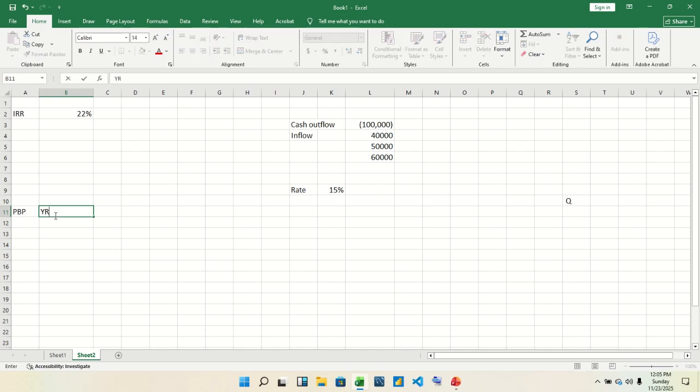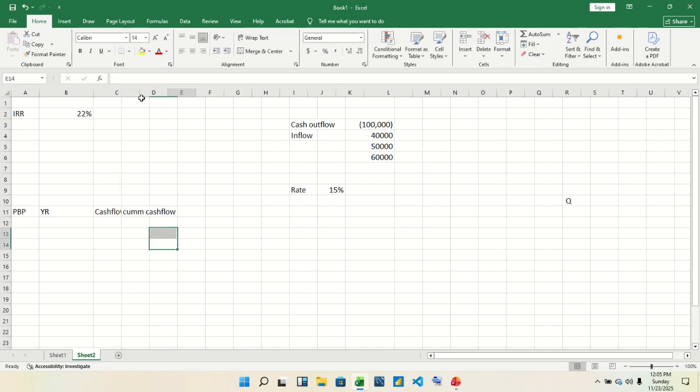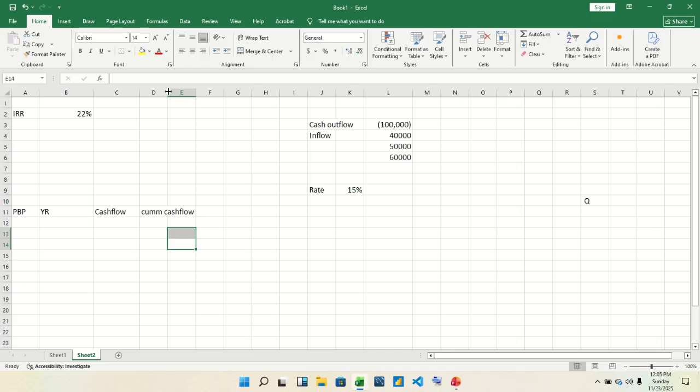So let's say that here is the year, then here is our cash flow. So we type these ones. Here is our cash flow, while here we type our cumulative cash flow. So cumulative cash flow, I will shorten it so that we will save time. Then after we have done this, let's shift a little bit so that it will make more sense.